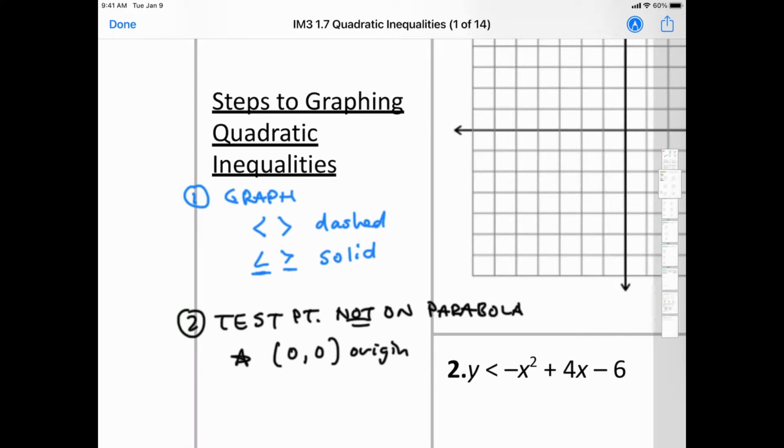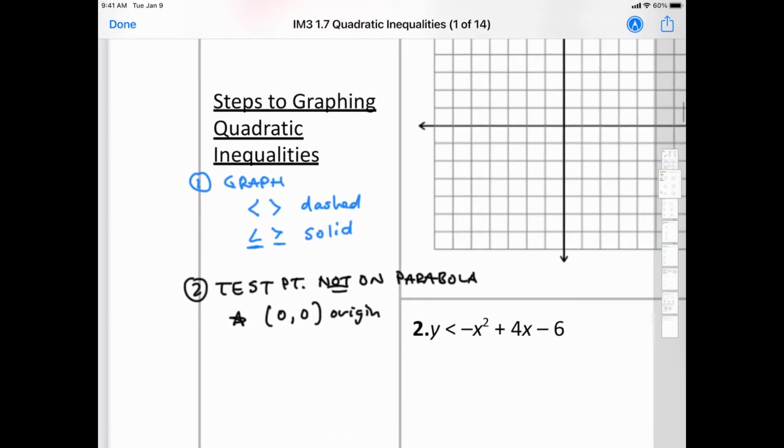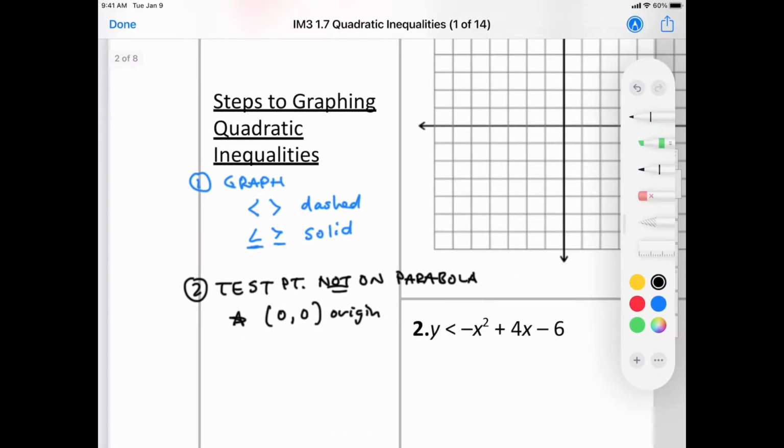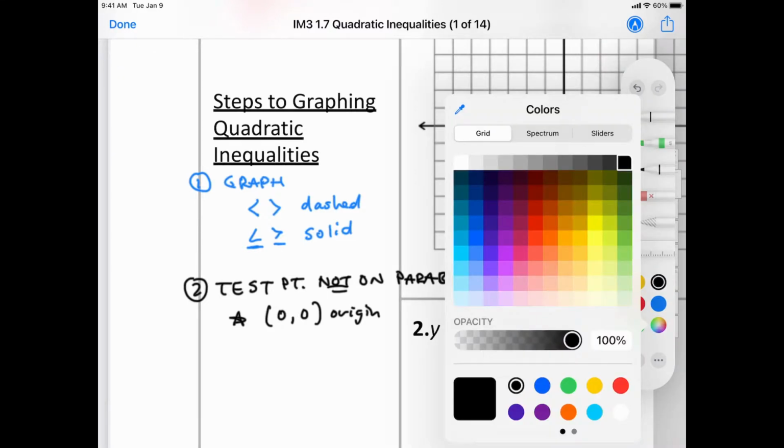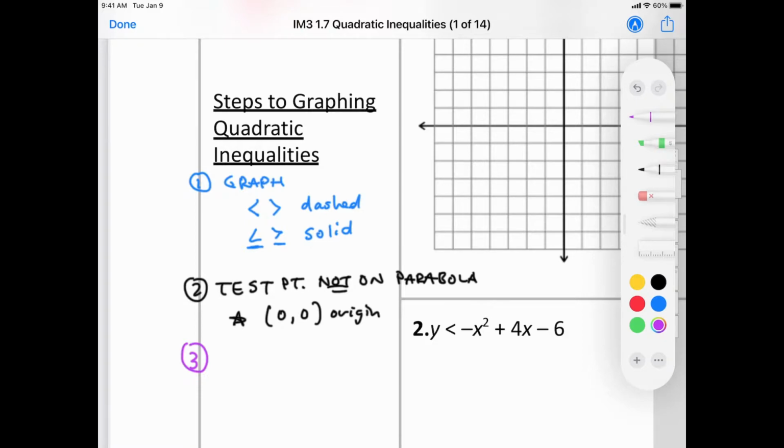If you can't pick 0, 0 for some reason, you just pick another ordered pair. And then thirdly, we're going to shade accordingly.